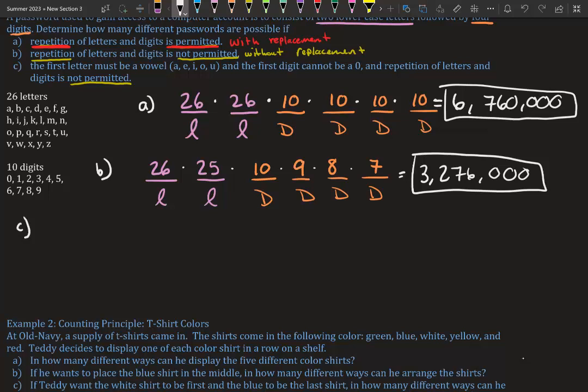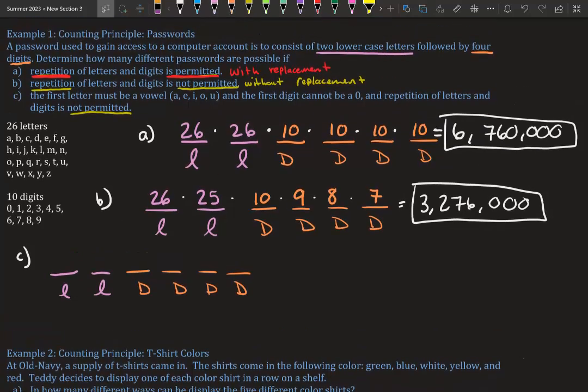All right, let's do C. So the same password, we're still setting it up the same way: 2 lowercase letters and 4 digits. However, it says something very specific about what it wants us to pick and not pick.